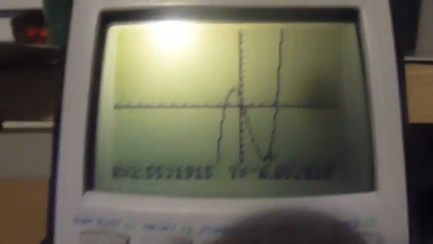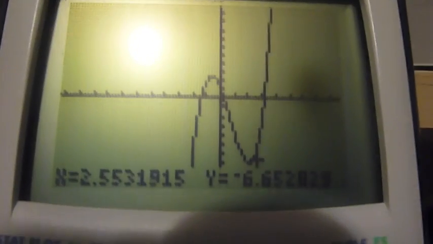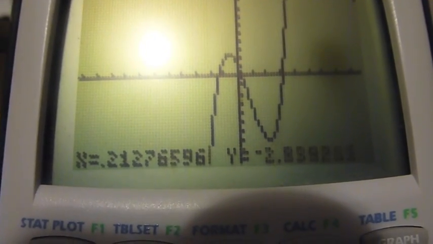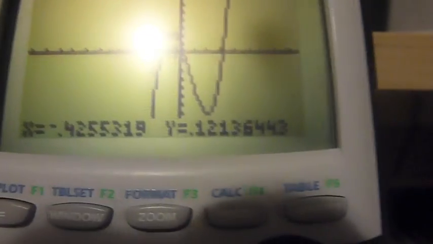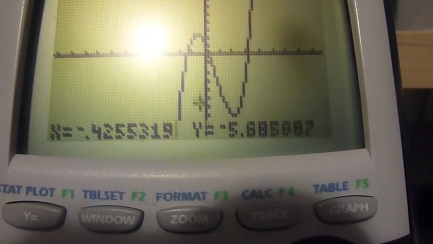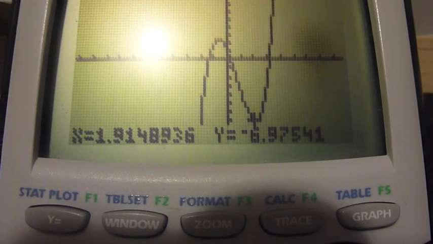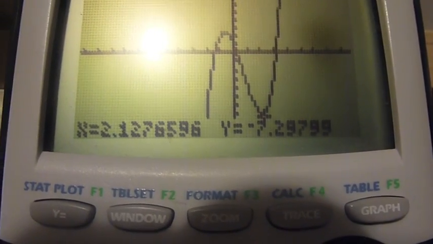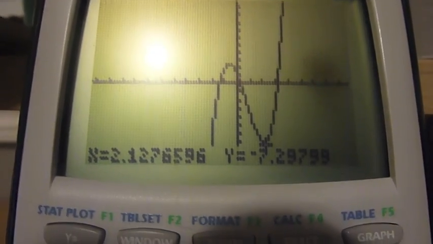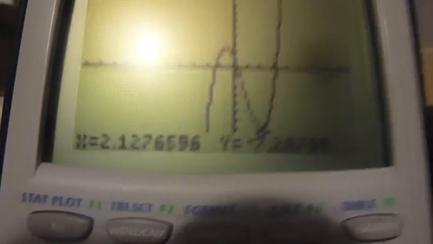Here we have negative infinity all the way up to 2, and as well from our point down here, negative 7 up to infinity, and for our decreasing interval we have 2 down to negative 7.